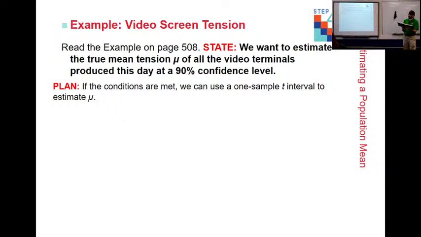Too much tension will tear it, and too little will allow wrinkles. The tension is measured by an electrical device with output readings in millivolts. Some variation is inherent in the production process. So, here are the tension readings from a random sample of 20 screens from a single day's production. And then it gives the 20 values. Construct and interpret a 90% confidence interval for the mean tension of all screens produced on this day.